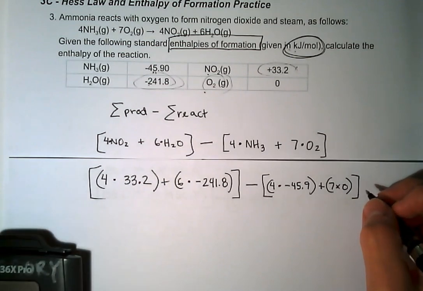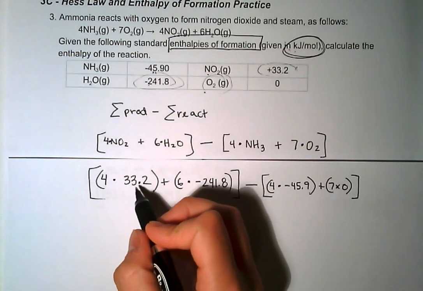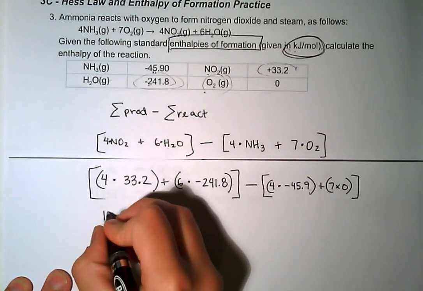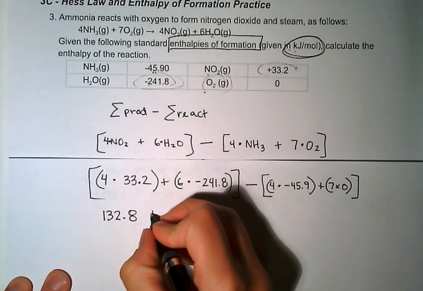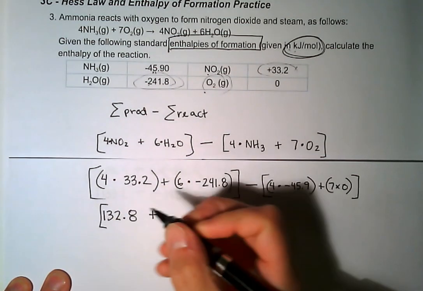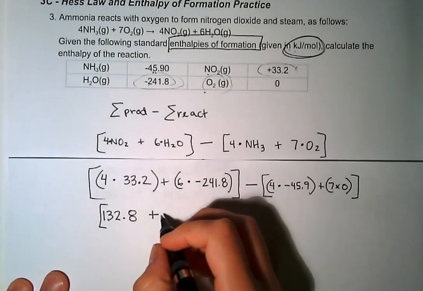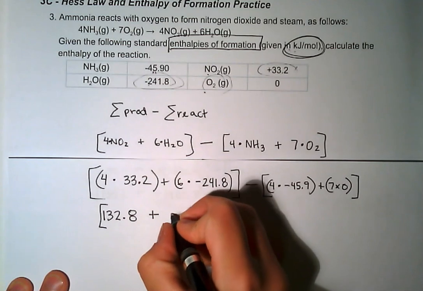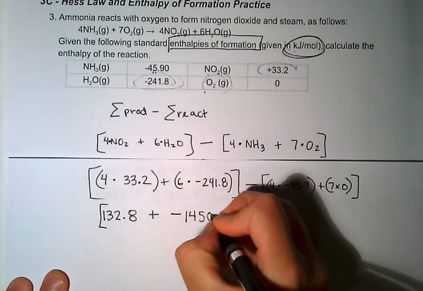So now we can start simplifying a little bit. If we do 4 times 33.2 in our calculator, we get 132.8 plus this next value, 6 times negative 241.8 in our calculator gives us negative 1450.8.